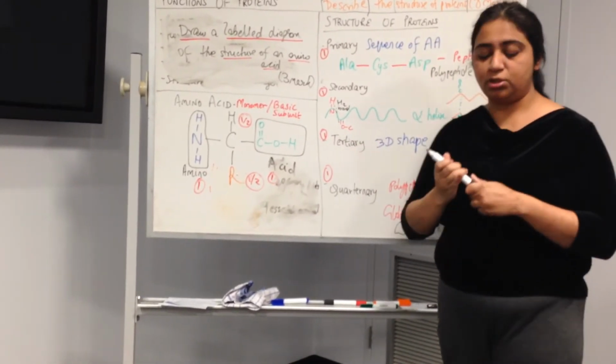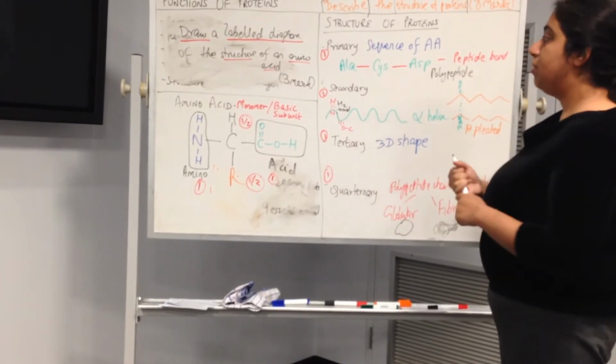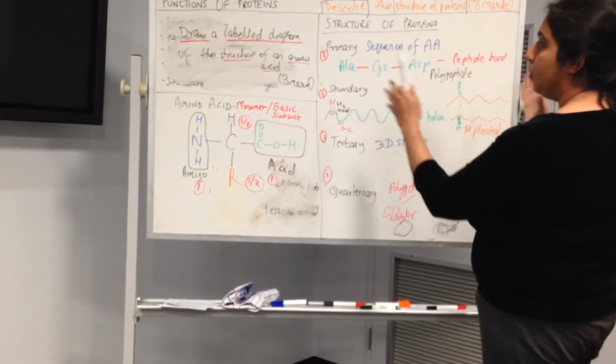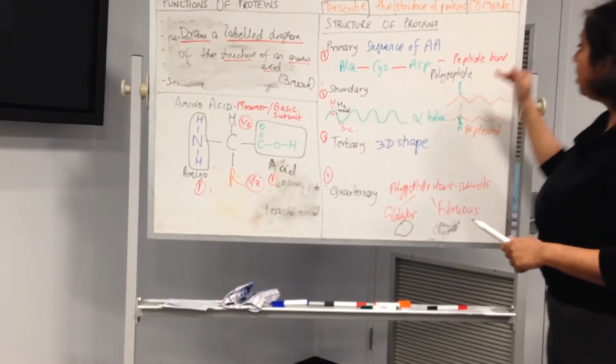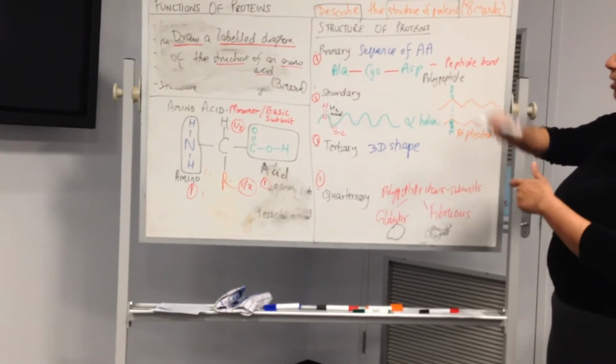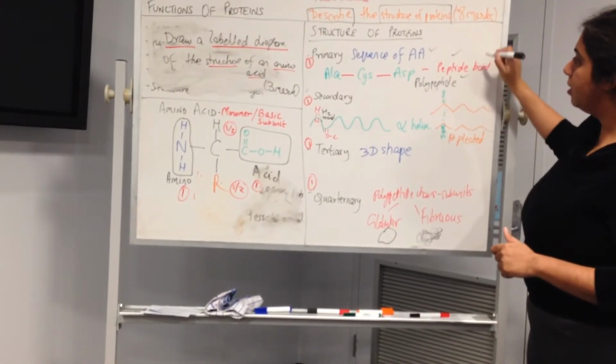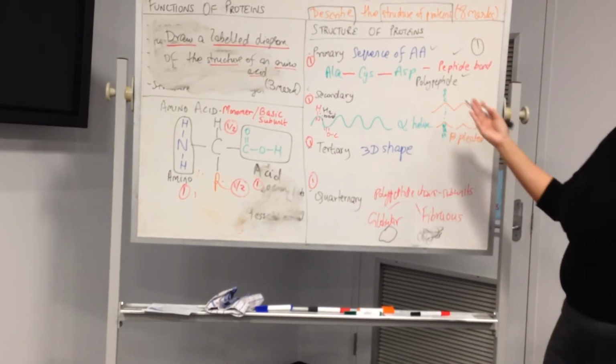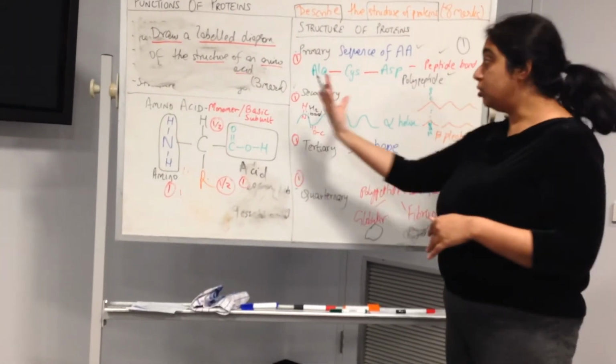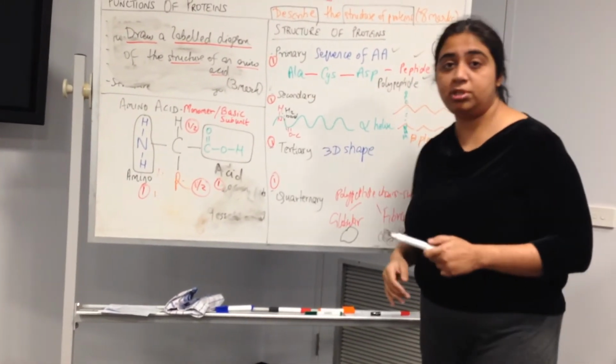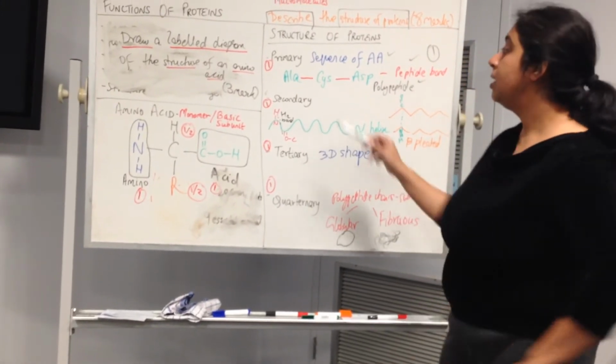For example, the primary structure is the sequence of amino acids that are joined together by peptide bonds to form a polypeptide. When you say all these things, you get an extra mark. And again, you can draw a diagram to supplement what you're writing.